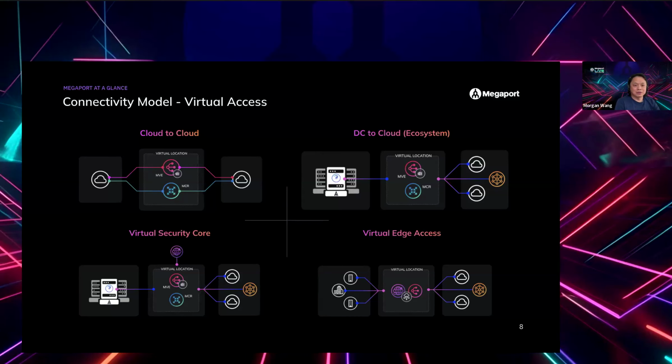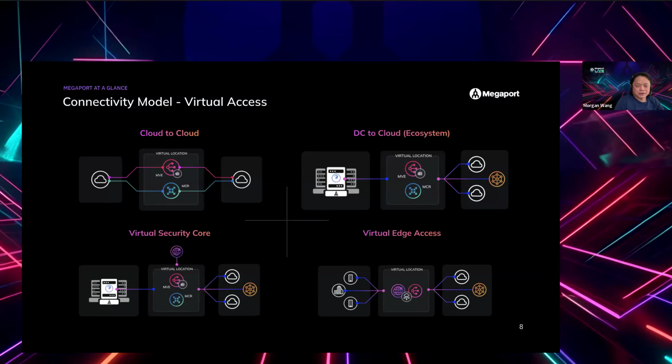And the MVE, the virtual edge, is based on the same platform, but is open to the customer to bring your own virtual appliance, which suits your network design and structure. For example, the popular vendors we support on the MVE platform are Cisco, Meraki, VeloCloud, Fortinet, Palo Alto, things like that, and more to come.